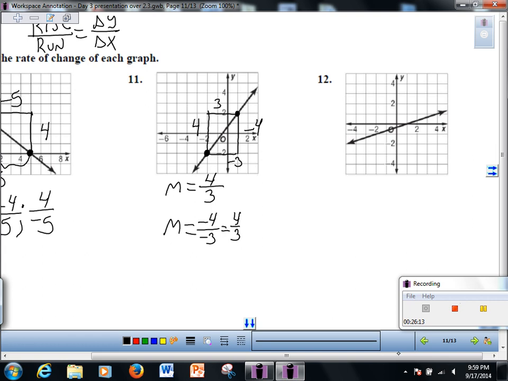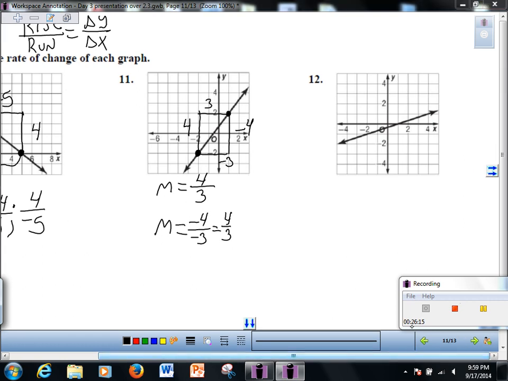I'm going to click through the last ones because I don't know how the understanding's going since I'm not there. But find two nice places on the graph. It looks like I see a good point right there, and another good point right there. Something I know before I even start: this graph's going uphill, so I know it's positive.